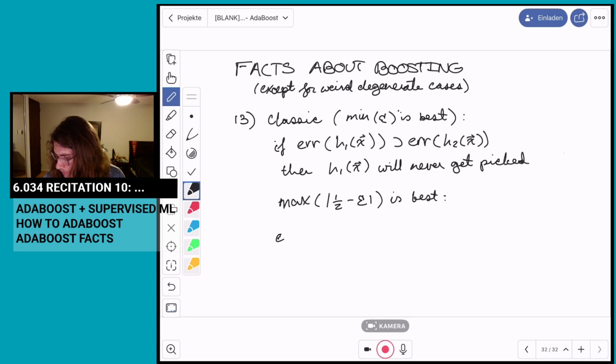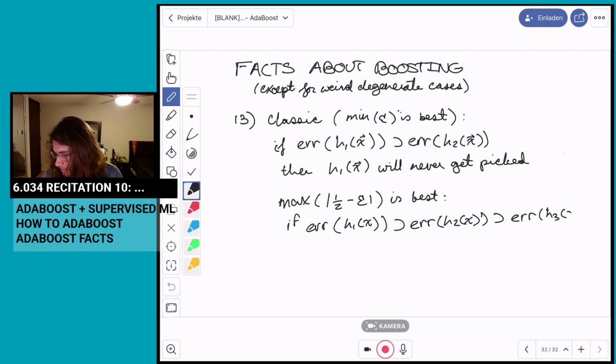So again, this is the set of errors committed by h1 of x, a strict superset of the errors committed by h2 of x, and that's a strict superset of the errors committed by h3 of x.